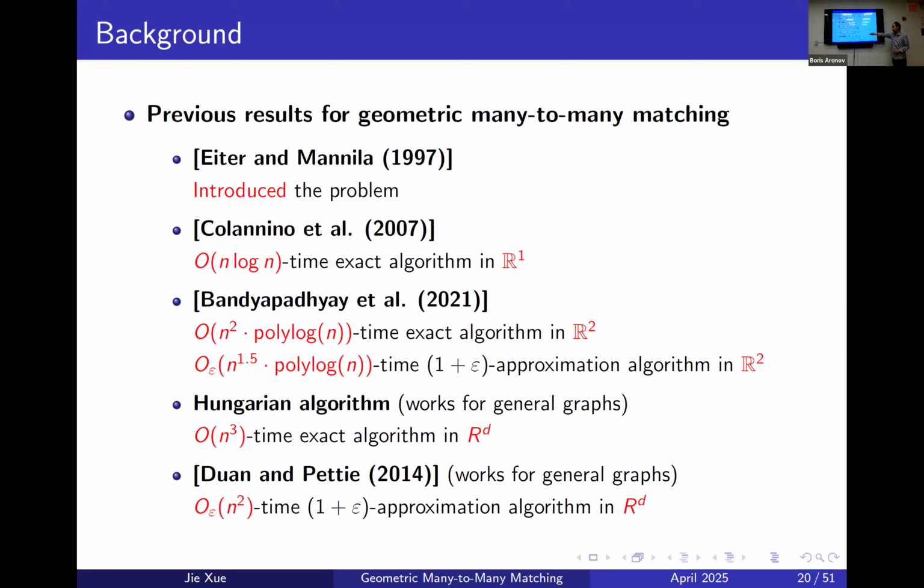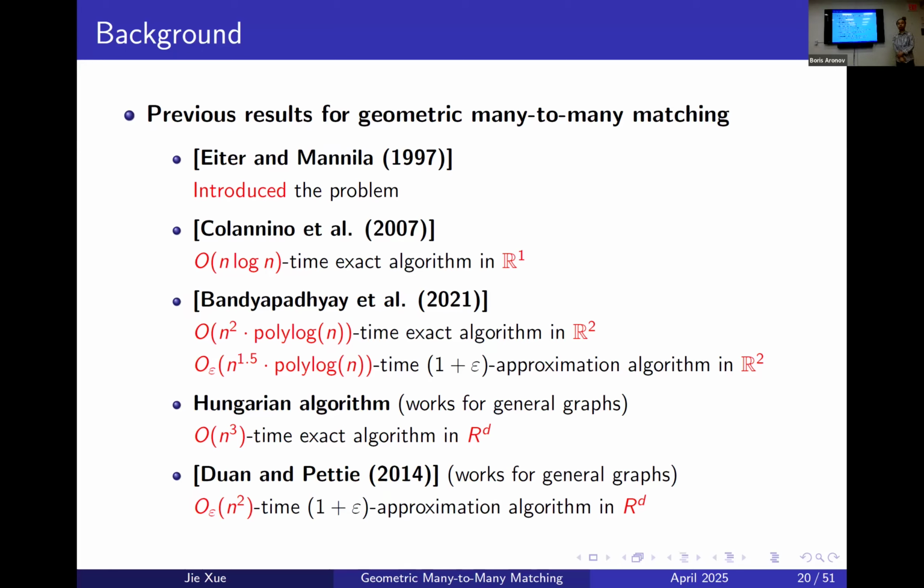But of course, it's slow. And by the result of Duan and Pettie, you can obtain a quadratic time approximation algorithm. Again, this works for general graphs, therefore for any geometric graph, but it requires quadratic time.